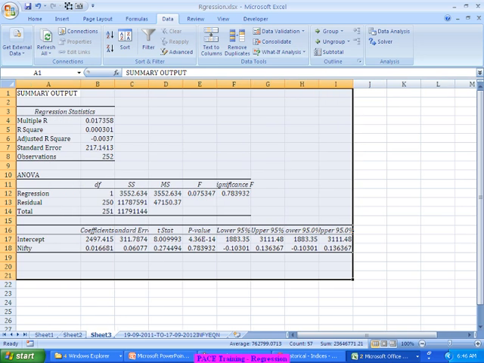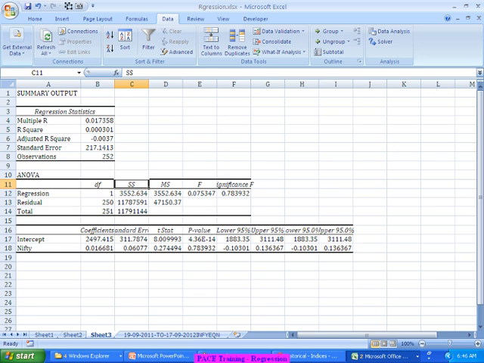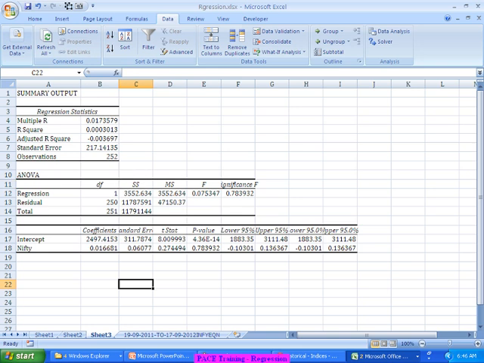Now, how do I interpret this information? Once we understand all these terms, the typical regression part is more or less done for us. The first thing that comes out here is the regression coefficients.